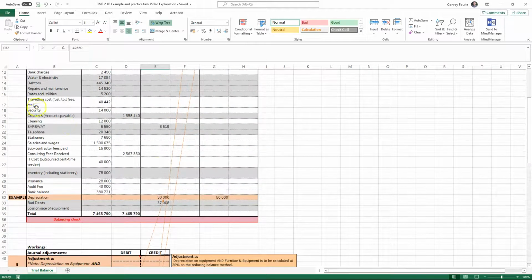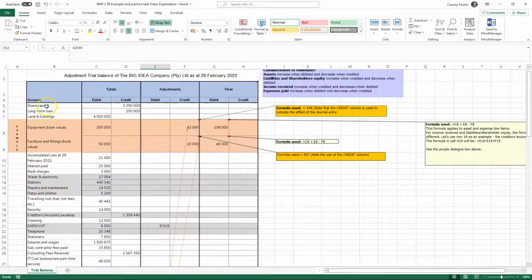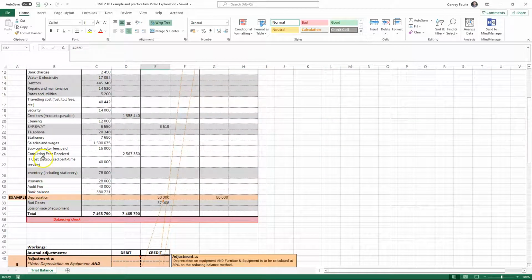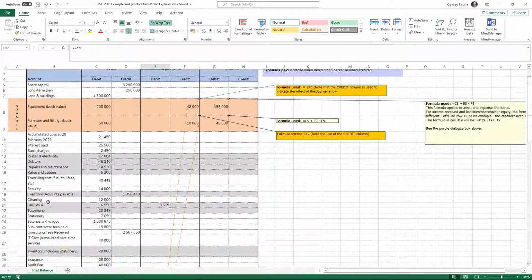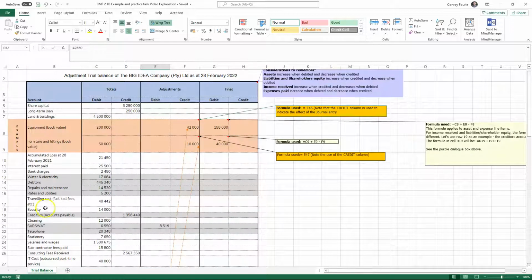So let's find debtors here in our list. Where would debtors be? Oh, here we go.